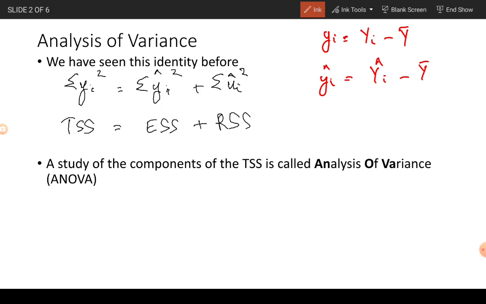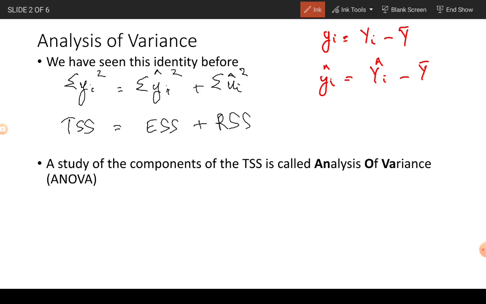And similarly, ui hat square is again the deviation of ui hat from its mean, but by our CNLRM assumptions, the mean of the error terms is equal to 0, right? Which is why we have not got a different deviation form and a different absolute form in the case of the last term.